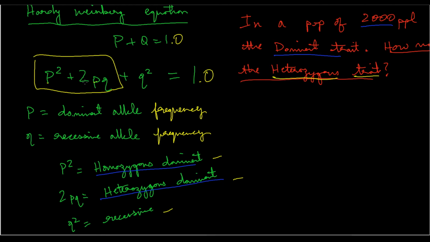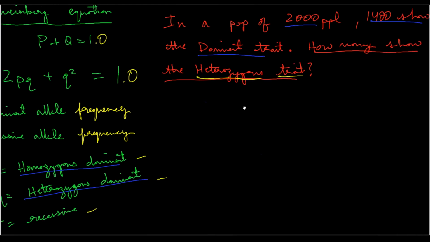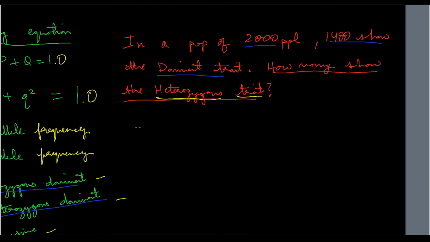But what else can we take from this? If the dominant trait is shown in 1,400, then 600 of those people should show the recessive trait. So 2,000 minus 1,400 gives you 600.